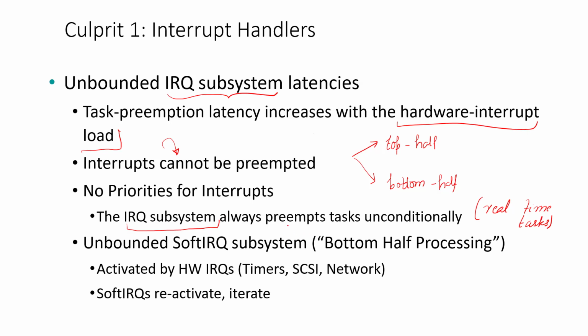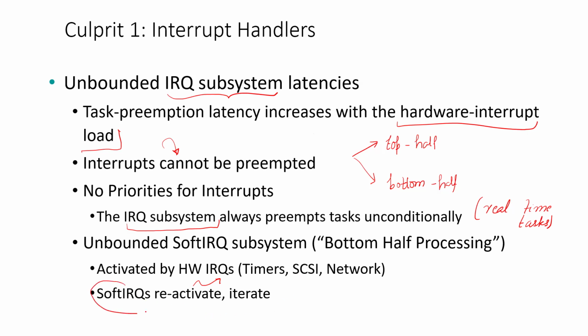But modern Linux has other things such as work queues and tasks and so on. The key point is that even these bottom half handlers don't come with real-time guarantees of exactly how long they are going to execute on a CPU. So this guarantee is something that they do not have. These bottom halves are activated by a primary interrupt such as the timer, the disk or the network.